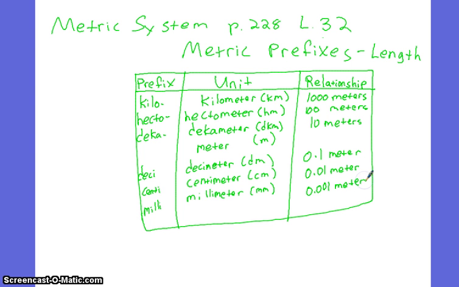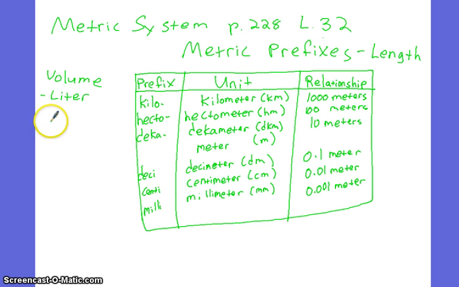of a meter. What's the cool thing about these is you can interchange these with different terms. If you're talking about volume, you would use the liter. Okay, so you can interchange these things to help you do different things.